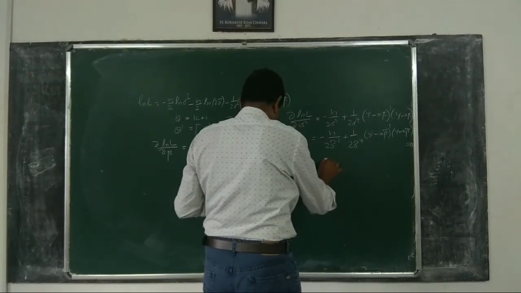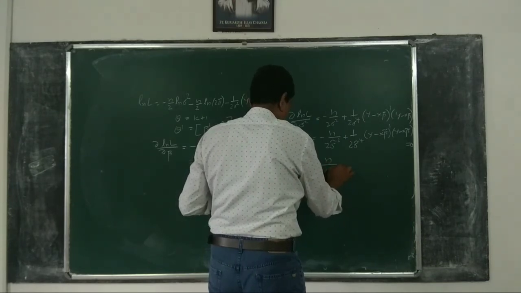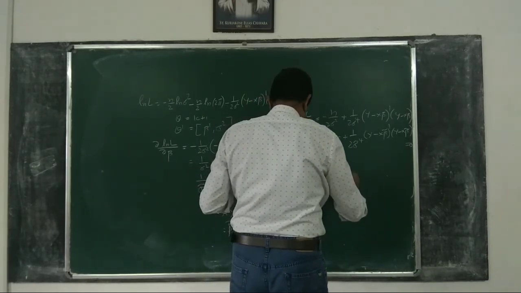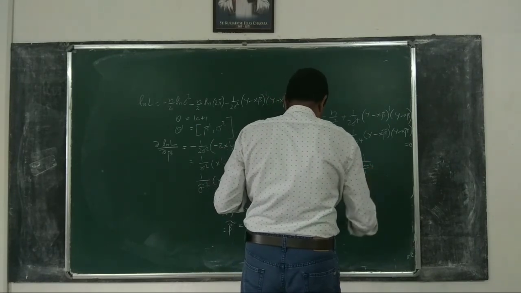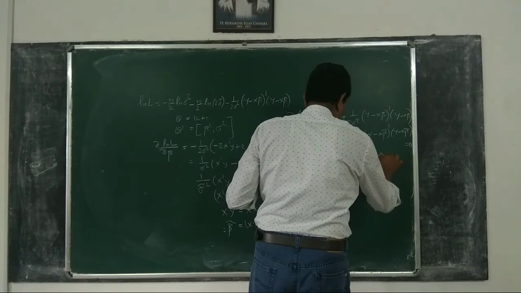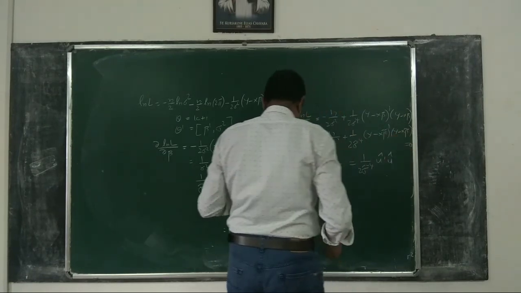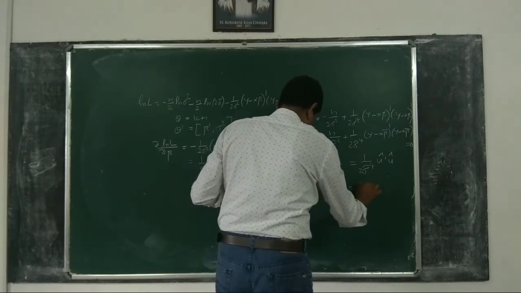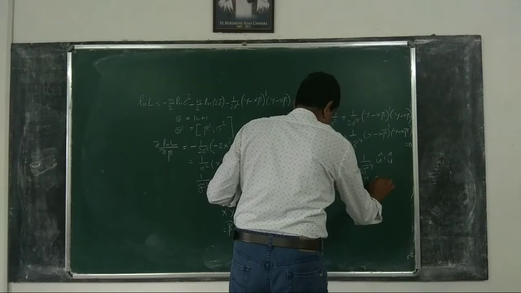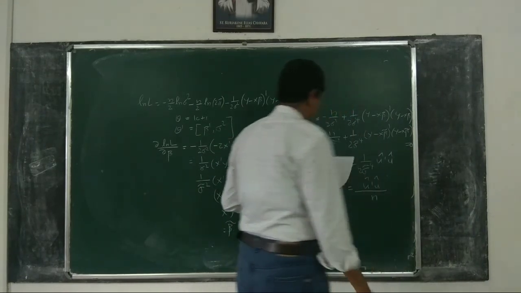That will give n by 2 sigma tilde square is equal to 1 by 2 sigma tilde raised to 4 times u hat transpose u hat, because this is u hat transpose and this is u hat. So sigma tilde square is u hat transpose u hat by n, a result which we have derived earlier.